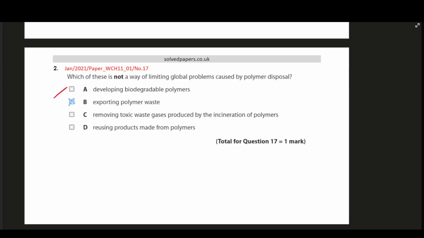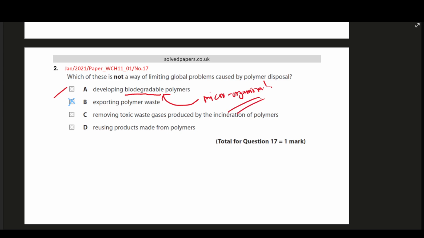Okay, developing biodegradable polymers. Biodegradable means it can be decomposed by microorganisms, isn't it? Right?